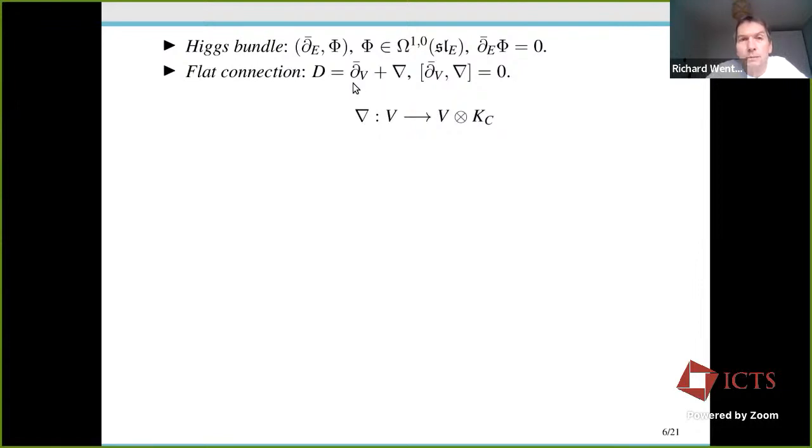I always think of a holomorphic bundle as being identified with a d-bar operator, an integrable d-bar operator, and then an algebraic connection. So here I'm thinking this is really a map of sheaves. So the holomorphic sections of V get mapped by the connection satisfying a Leibniz rule.